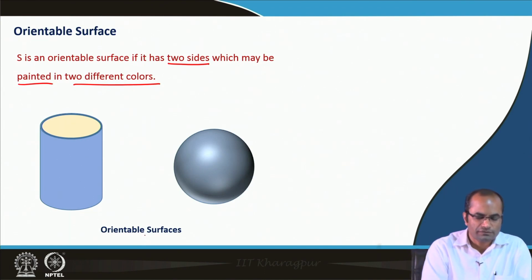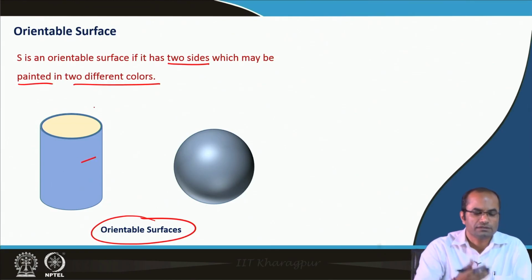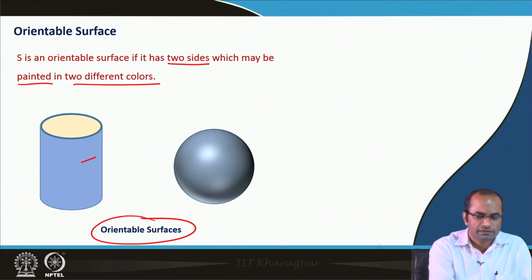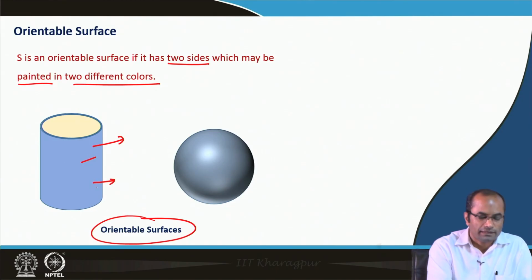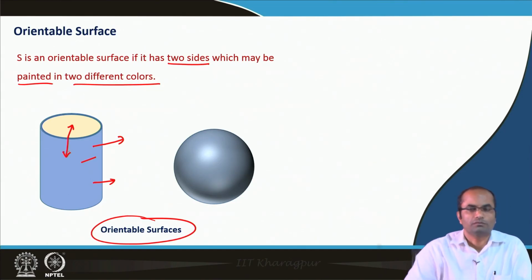So, for instance, here we have these two orientable surfaces. This is the cylinder, we can paint it with two different colors, the inside and the outside. More formally, mathematically, the idea is that we can have a normal at any point, and that will be in two directions. One will be the inner direction and the other will be the outer normal.